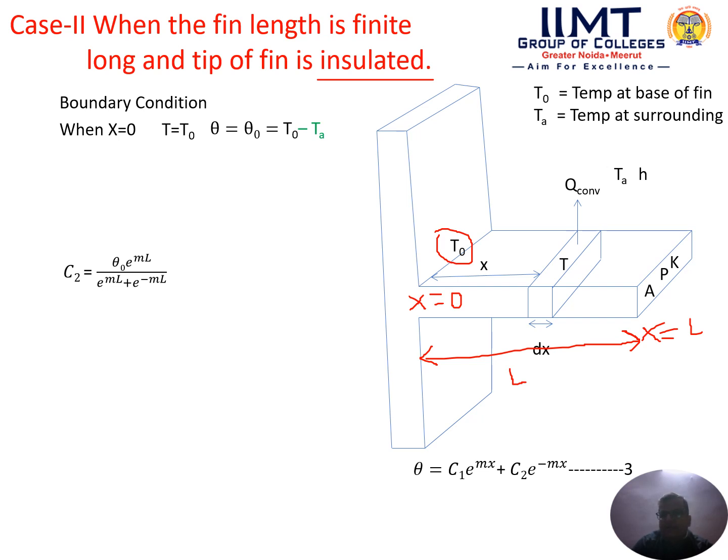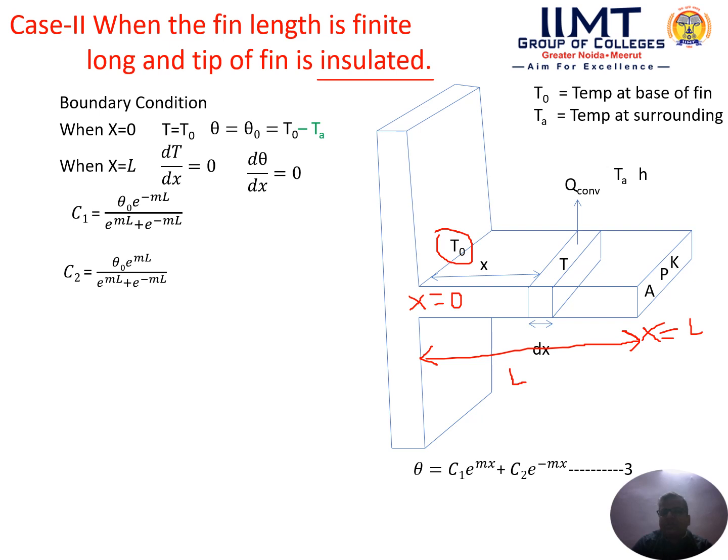Why? Because the tip is insulated, there is no heat transfer across the insulation by conduction, and this is only possible when the temperature gradient is equal to 0. That means at x is equal to L, dT by dx is equal to 0, or d theta by dx is equal to 0.